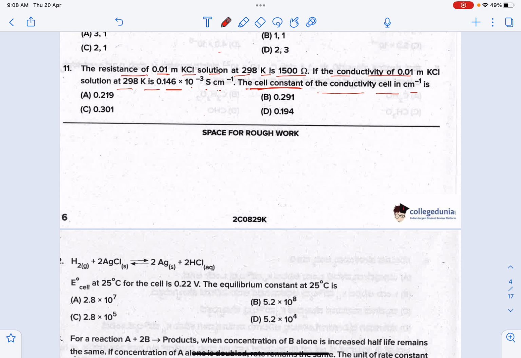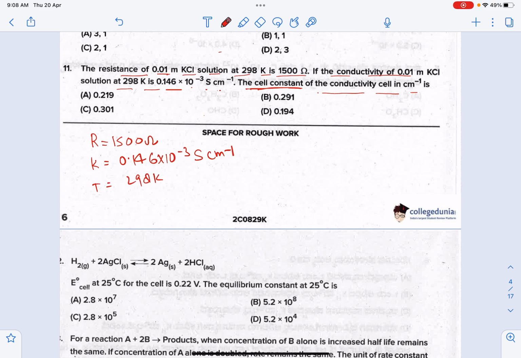As in the question, resistance is given as 1500 ohm, and suppose conductivity is K, which is given as 0.146 × 10^-3 S per centimeter, and temperature is 298 Kelvin.